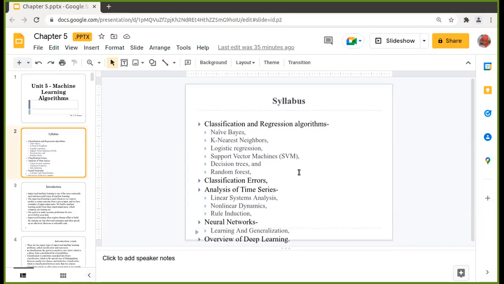Next, we see support vector machine. So here we are using the concept of a hyperplane in order to go for the classification, and support vector machine is also used for regression. And next we see random forest. So random forest is a collection of multiple other techniques given in a single technique.